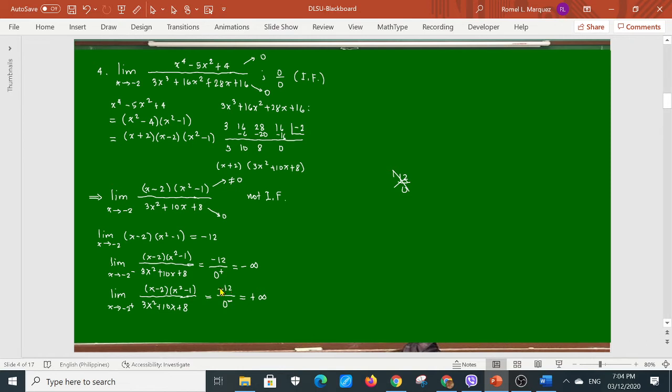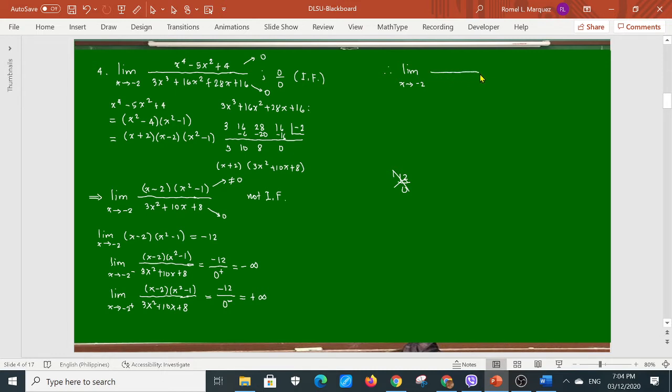Since from the left and from the right, we did not get a common behavior, so we conclude now that limit as x approaches negative 2 of the original, which is what?